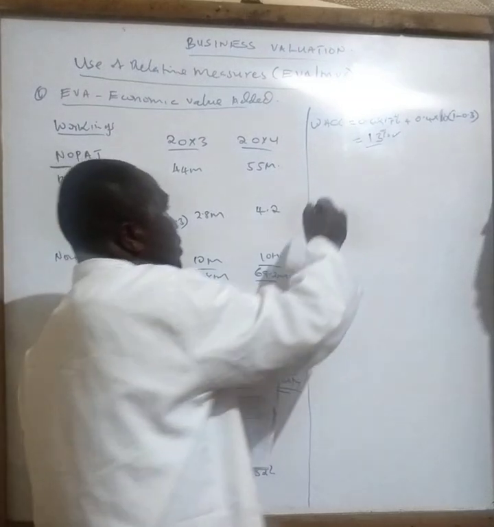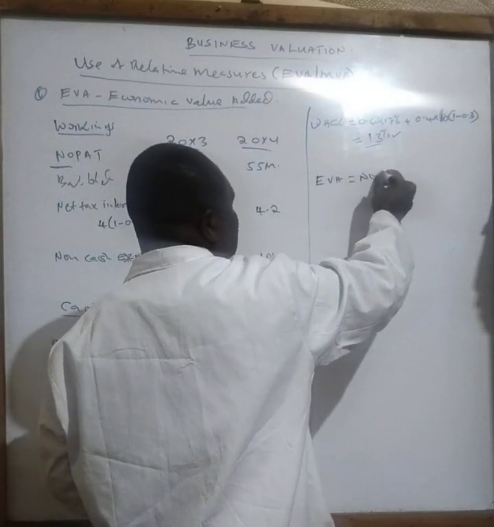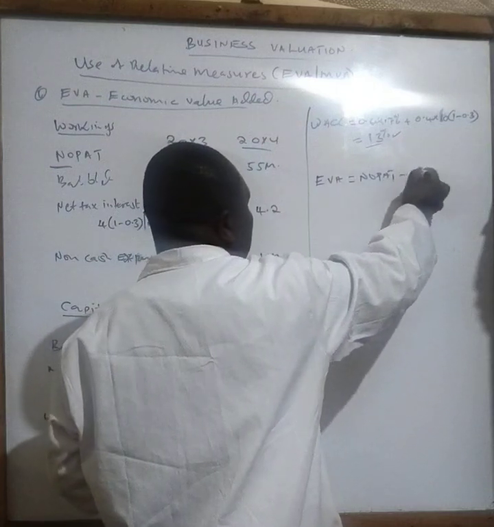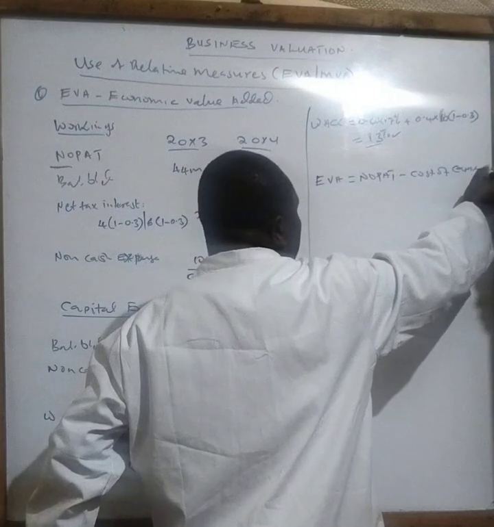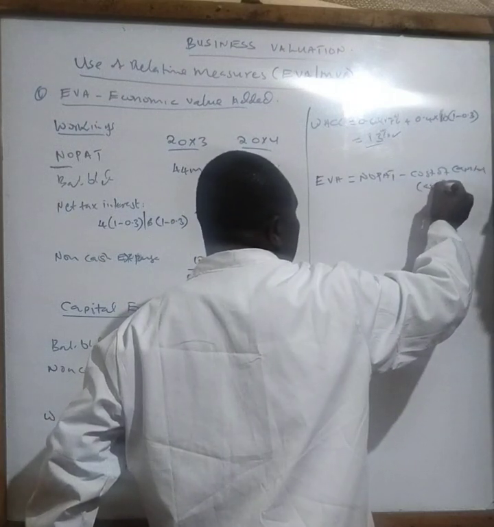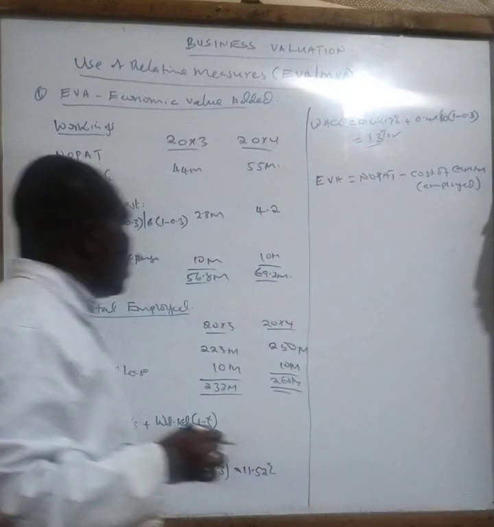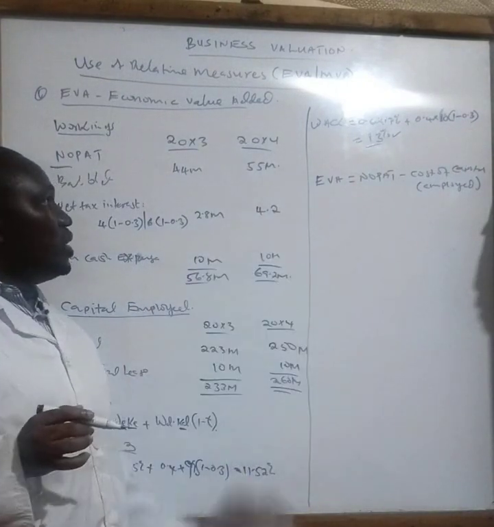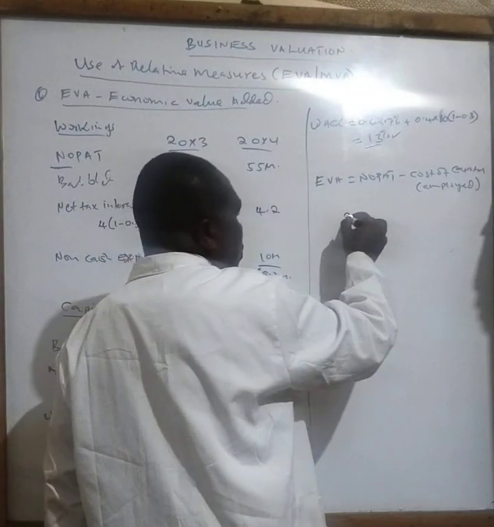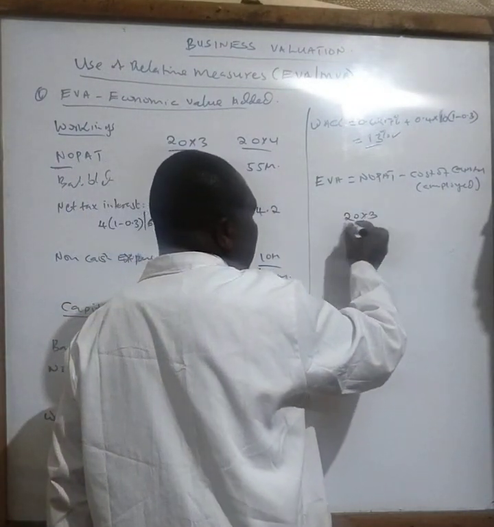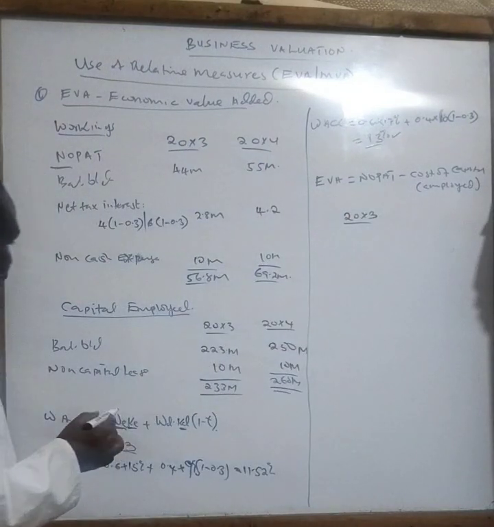So therefore, I can now say EVA is given by NOPAT minus cost of capital times capital employed. So that is how you are supposed to calculate. Now we substitute now 20x3. It will be now NOPAT for 20x3.